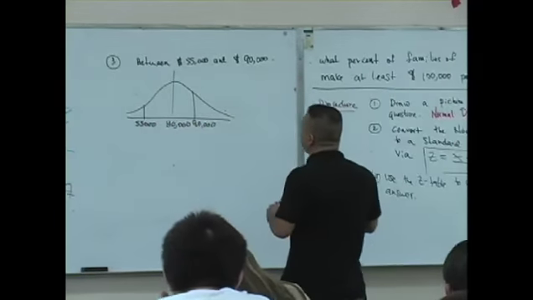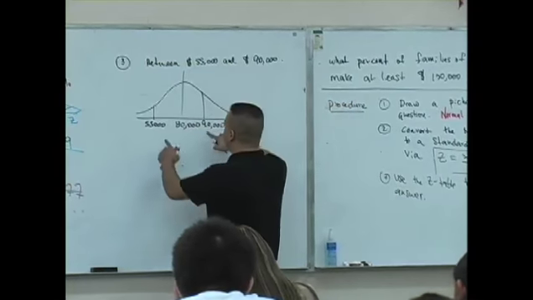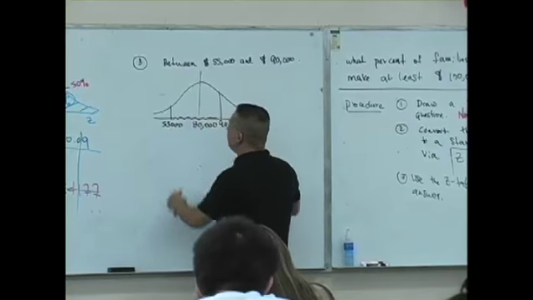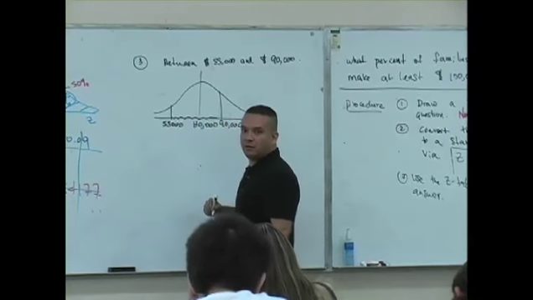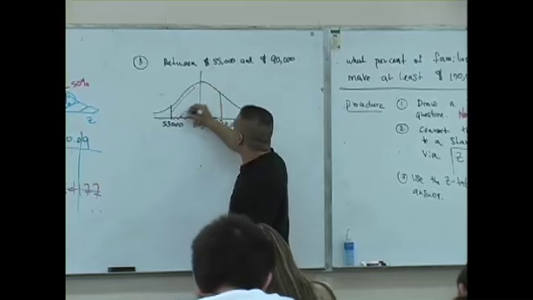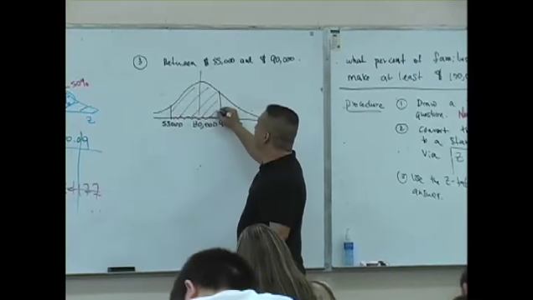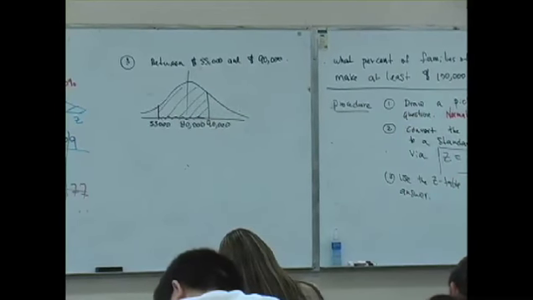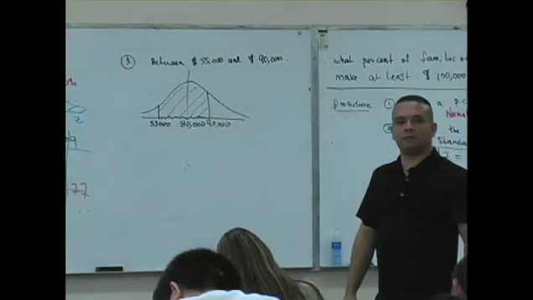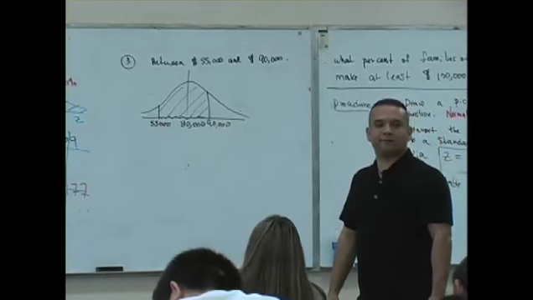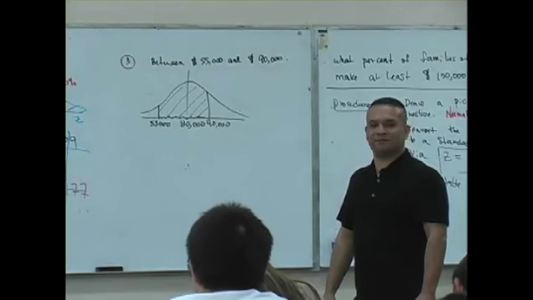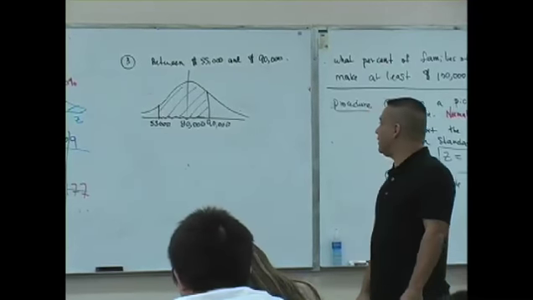Now what are the values that live between these? Everything in the middle. So then you're going to shade the bell that's between these regions. All right, you guys okay with that?